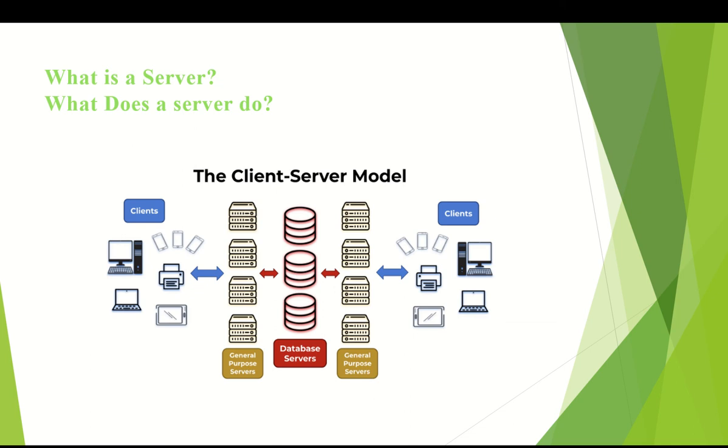Okay, so the client-server model: servers that power other devices on the network are referred to as host servers. The in-network devices receiving resources from the host server are known as clients. So if you see here, these are called clients. A client may be a laptop, desktop, mobile, printer, tab. And in the client-server model, these are the servers, general servers for any application like a website.